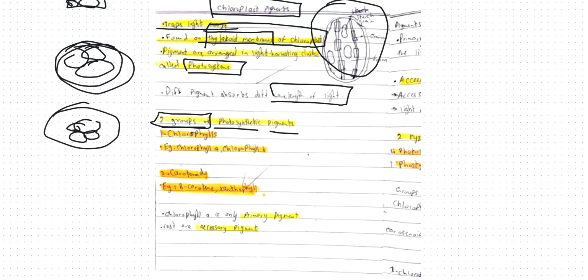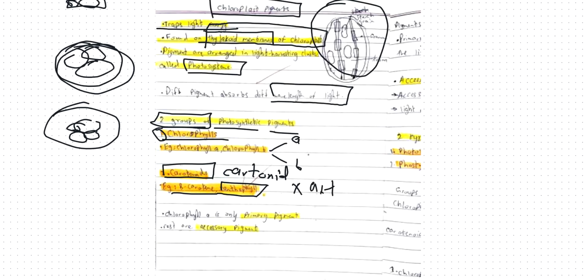The first one is the very famous one, called chlorophyll. There are two types of chlorophyll, chlorophyll A and chlorophyll B. The second group is called the carotenoids. There is beta carotene, and the second type of carotenoid is xanthophyll.